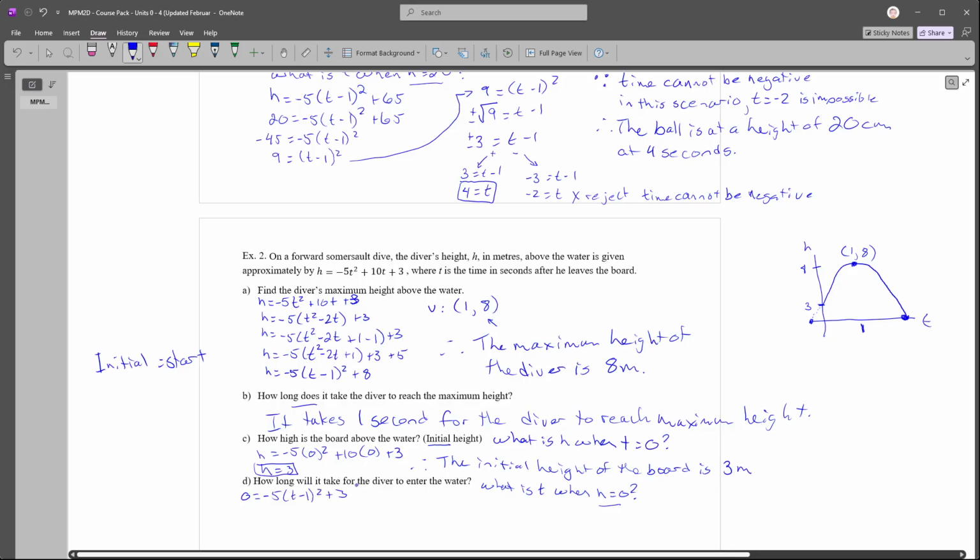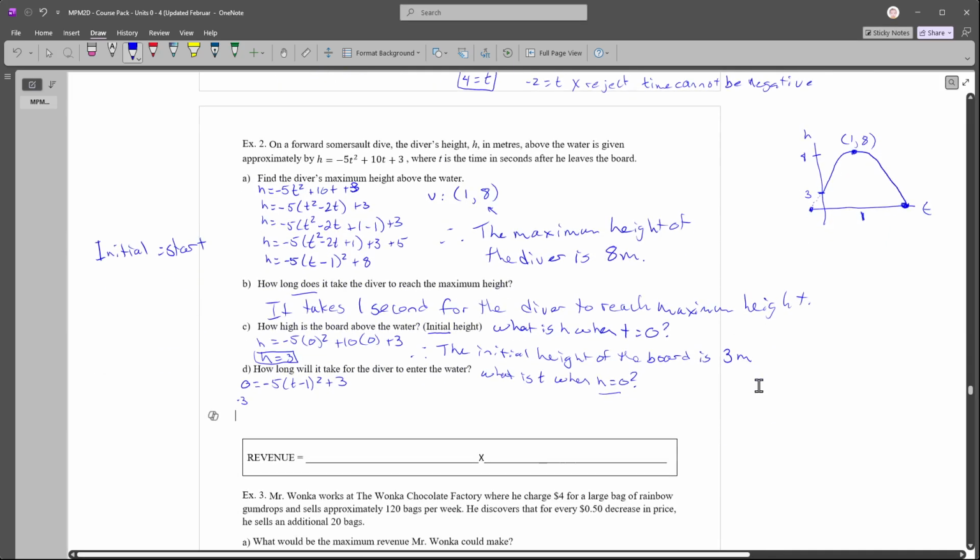That's our equation. Now we need to solve for our value of t. We're going to bring the positive 3 over to the other side. So that means we have negative 3 over here. I'm just going to scroll down a little bit so we have a little bit of screen real estate. So we have negative 3 equals negative 5 times t minus 1 squared.